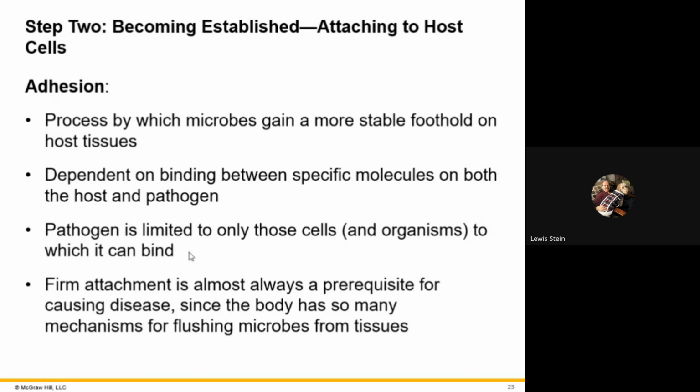My point is that if it's on your skin, it's really a hop, skip, and a jump away from respiratory. Firm attachment is almost always a prerequisite for causing disease, because we have so many things: mucus, saliva, urine, perspiration. All of those are fluids that more or less flush out microbes, if you want to think of it that way.